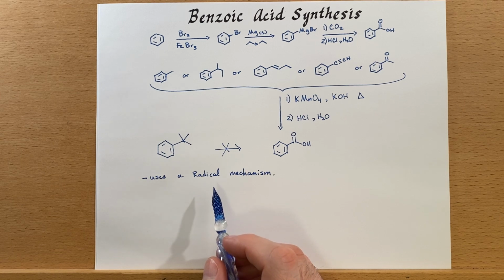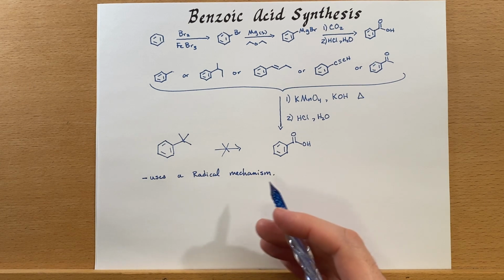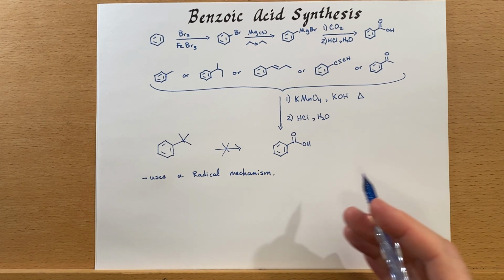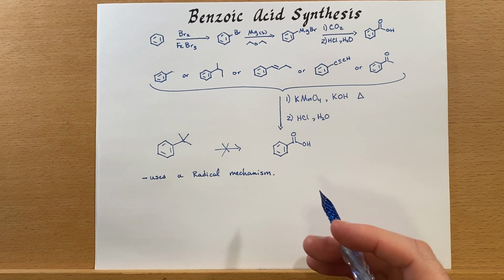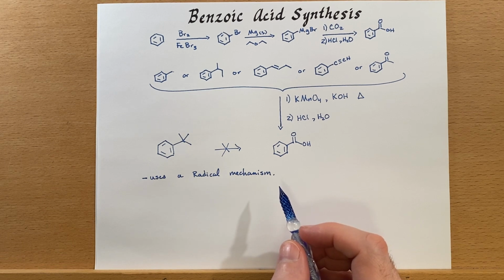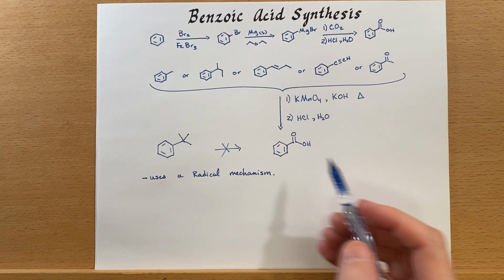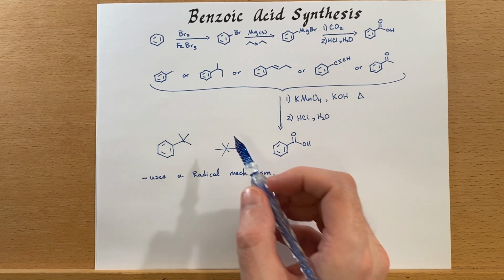So if we have a methyl radical that's very unstable, then a primary one more stable, secondary more stable, tertiary more stable. But of interest to us is that a benzyl radical is relatively stable because it has a resonance stabilization effect.